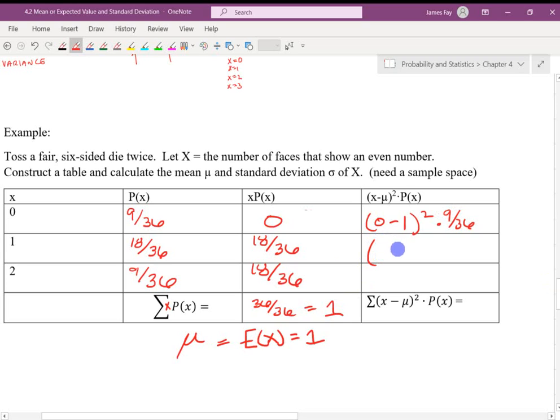We will then take x minus mu again, so x in this case is 1, minus mu, which was 1, squared, times 18/36. And then we'll go 2, which is this x value, minus mu again, squared, times then 9/36.